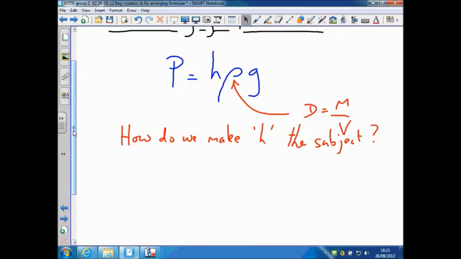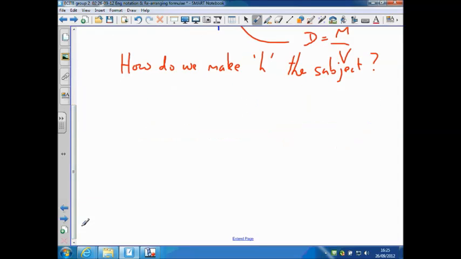What I do is I look at the formula, P equals H rho G, and I focus on the right hand side.